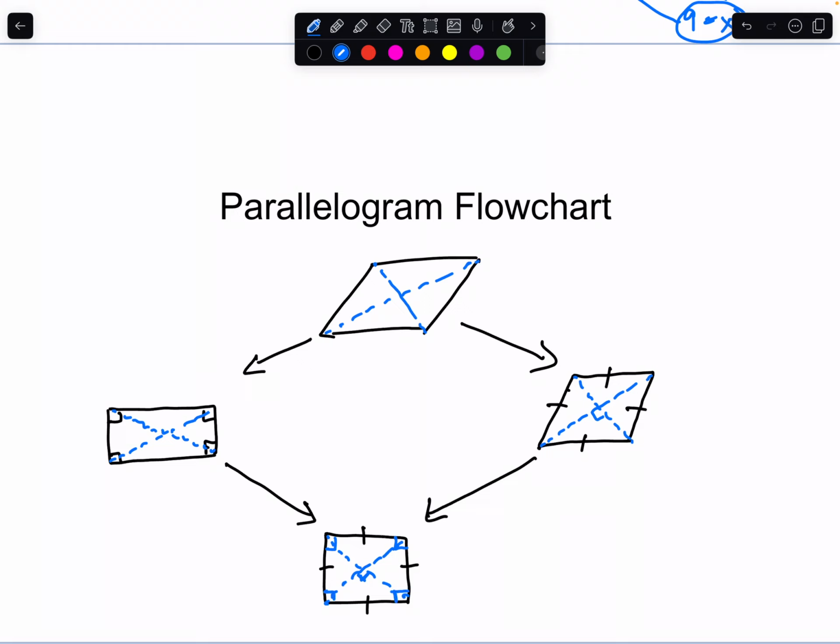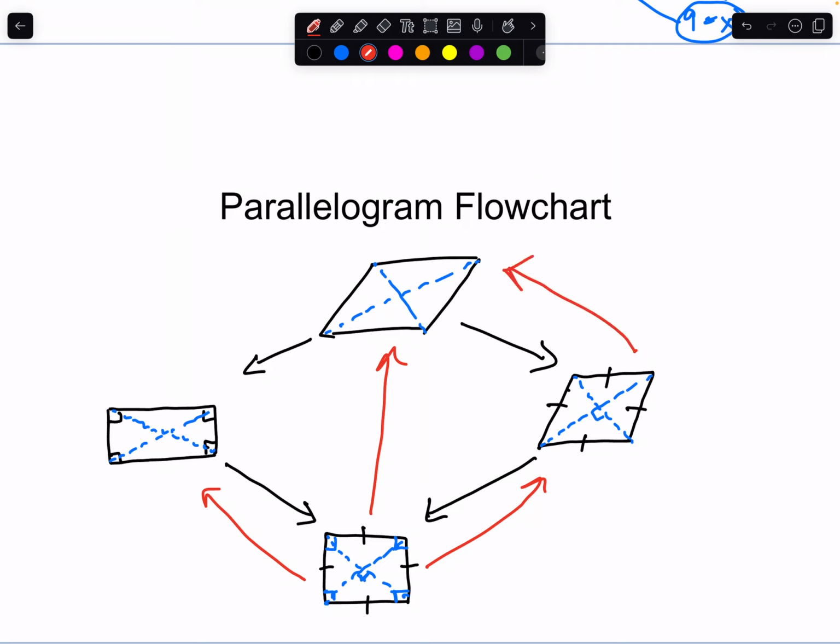The square basically has all the properties of all of the shapes that follow it, right? So a square, this is why they said back in elementary, a square is a rectangle. But a rectangle isn't necessarily a square. The square will have all the properties of everything before it. So a square is a rhombus, and a square is a rectangle, and a square is a parallelogram. We can flow in that direction to show, just like we can show that a rectangle is a parallelogram.